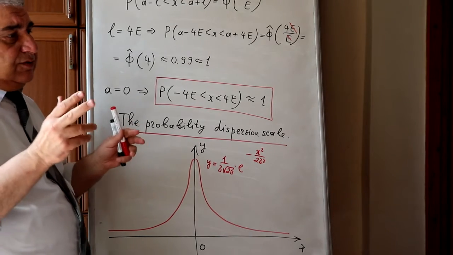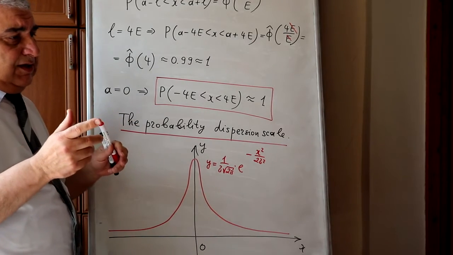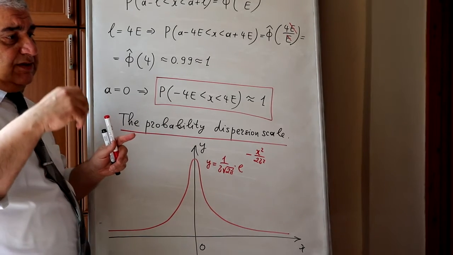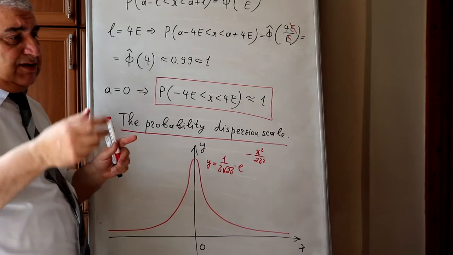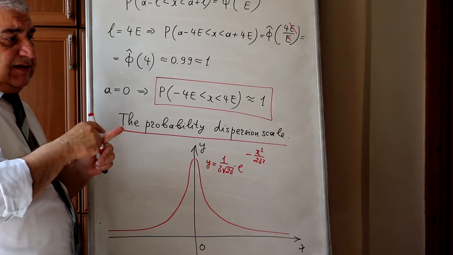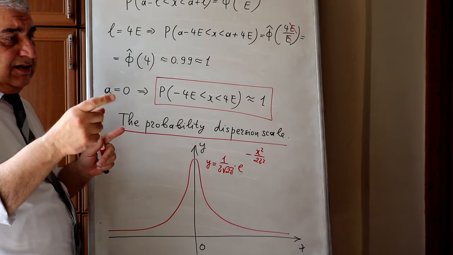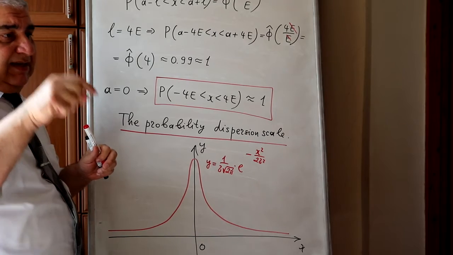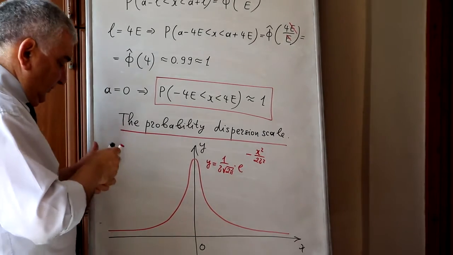According to the definition of median deviation, the probability that a continuous random variable with the normal distributive density will fall into the interval from minus E capital to plus E capital is exactly equal to one half.